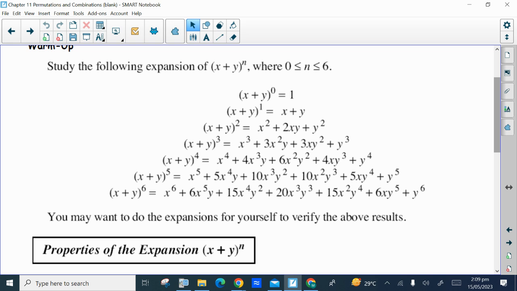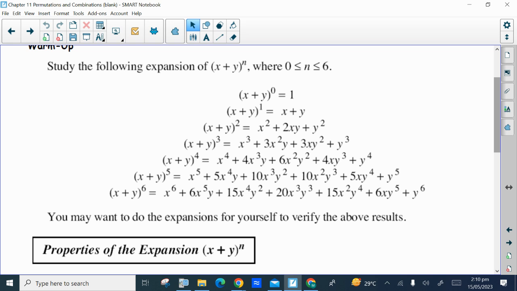First pattern is this. If we just look at the last row, where n is 6, and count up all the terms in that expansion, there are actually 7 terms there. If you look at the second row from the bottom, where n is 5, and you count up all the terms, there are 6 terms there.